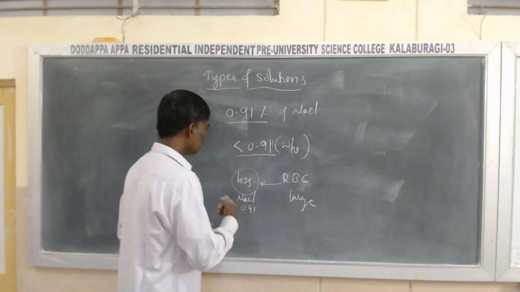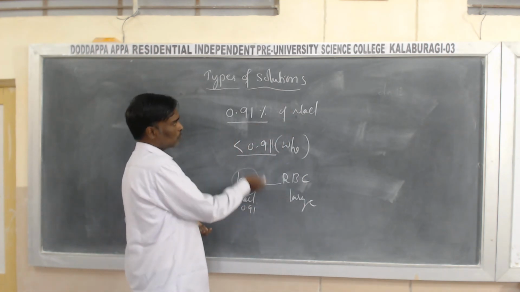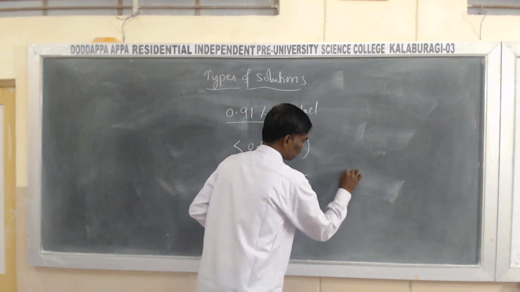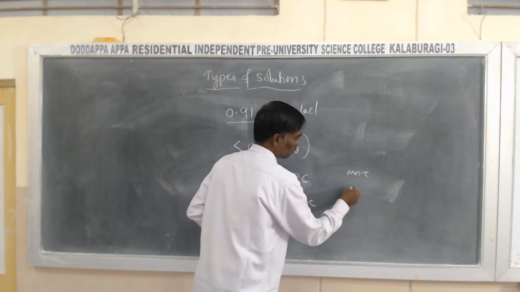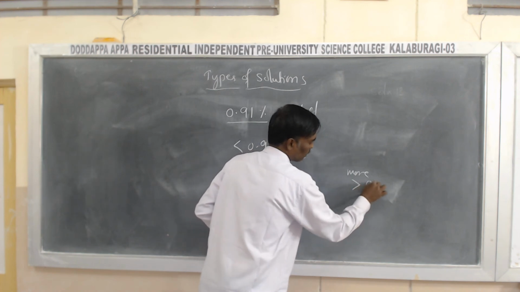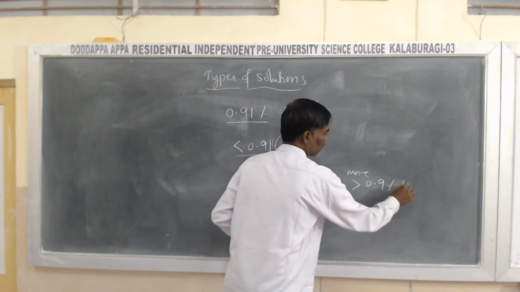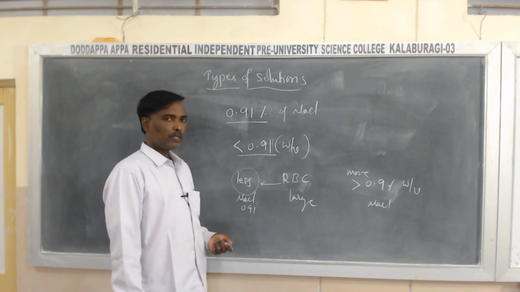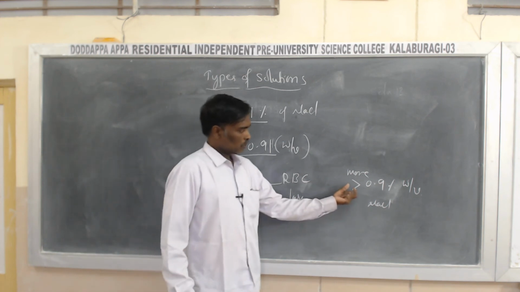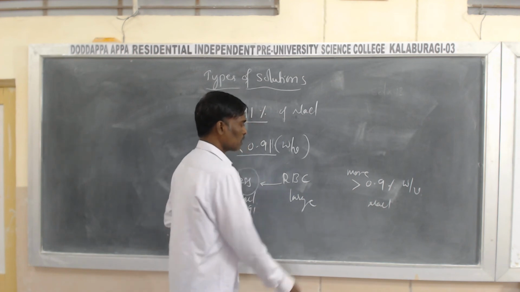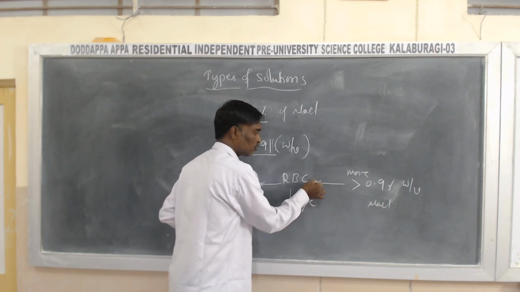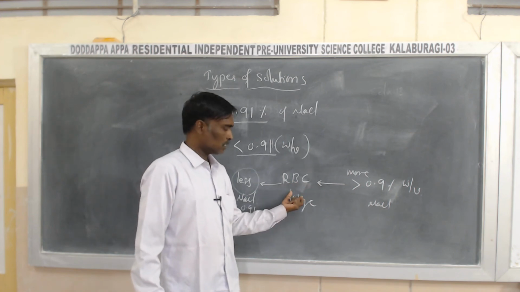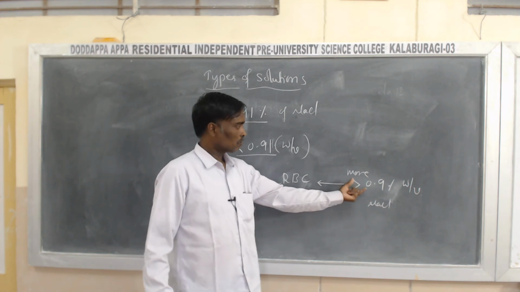If you use a larger concentration, more than 0.91% mass by volume of NaCl, then the movement of solvent molecules takes place from the NaCl solution towards the RBCs, because the fluid present in the RBCs is less but the surrounding concentration is large.